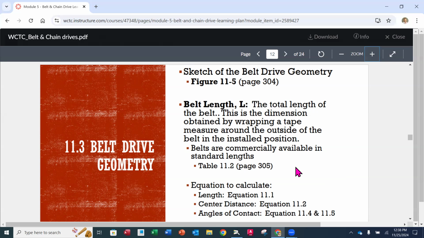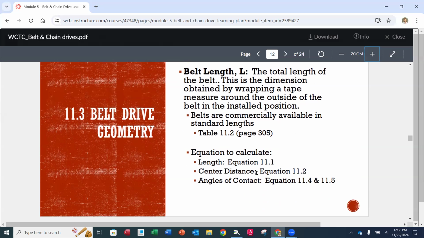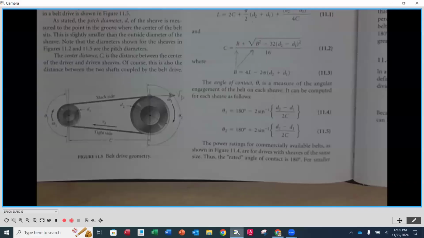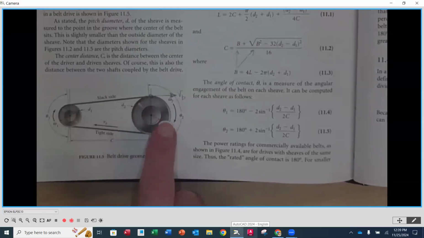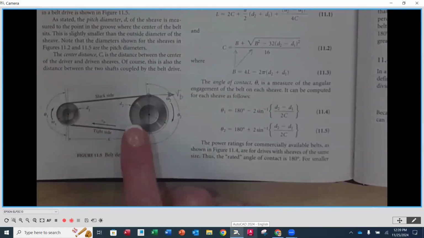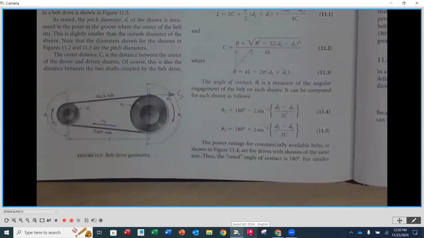The belt length is something that we also have to specify. Now, V-belts are what we call continuous belts, meaning it's not like a chain where we can take the chain apart, wrap it around something, and put it back together. There's not a point where we can pull it apart. So this is what we call a continuous belt going over the whole thing. We need to know how long that belt is as it goes over the circumference of each one of those sheaves.